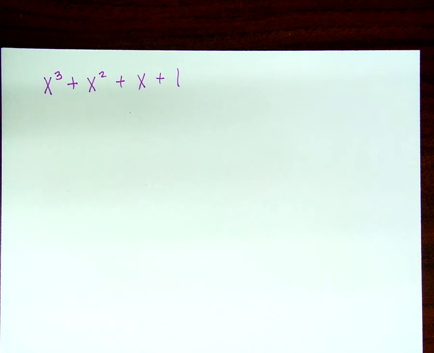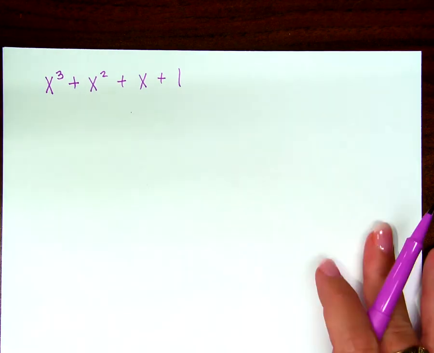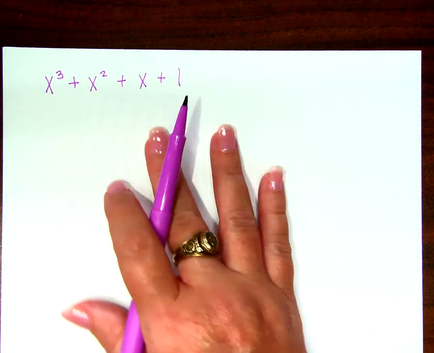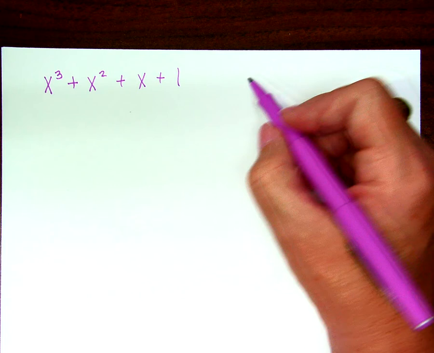Binomial, trinomial have specific numbers of terms. Beyond that, we just call it a polynomial. It might technically have a special name, and if it did, I would probably say it's something to do with quad. But we're just going to call it a polynomial. You ready? Here's what we do for 4 terms. We call this factoring by grouping.